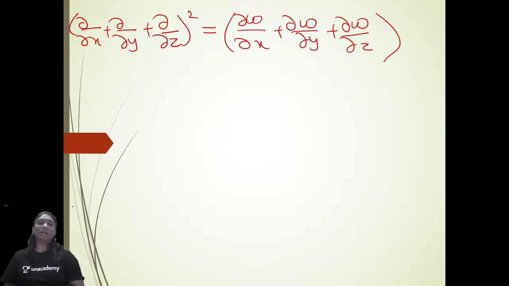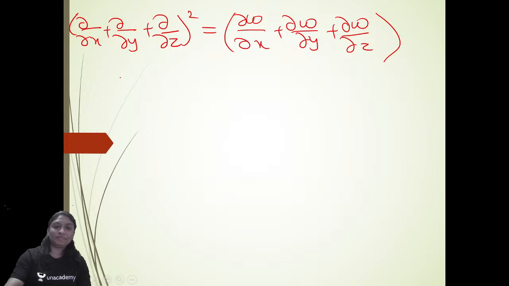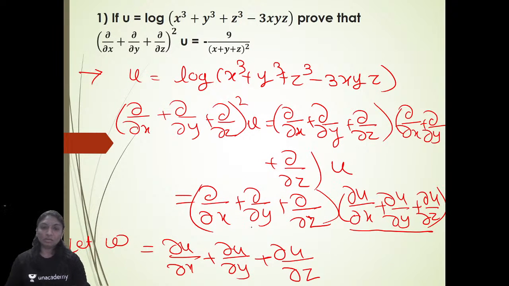Okay, so here ∂w/∂x + ∂w/∂y + ∂w/∂z. Now we will calculate this first. See, w is equal to this ∂u/∂x + ∂u/∂y + ∂u/∂z. We will call this equation number 1.